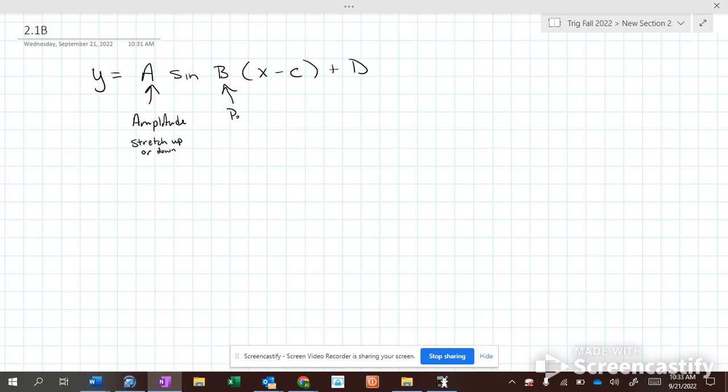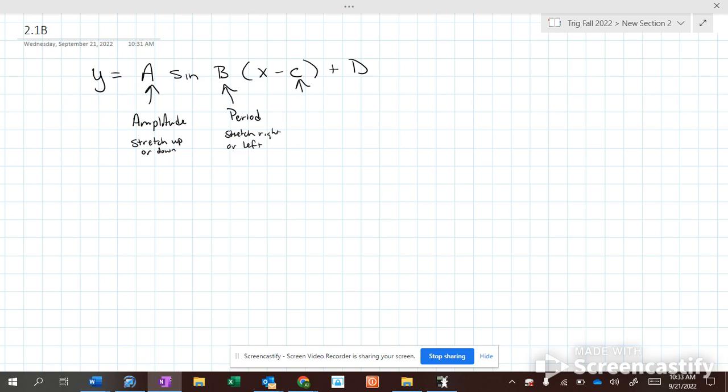B deals with the period, which is a stretch left or right. So you're going to stretch it or shrink it, basically.